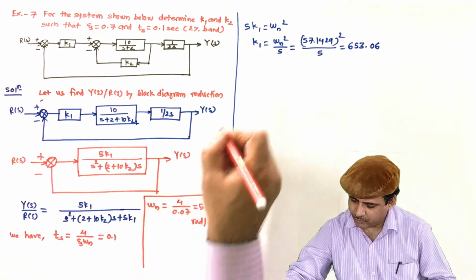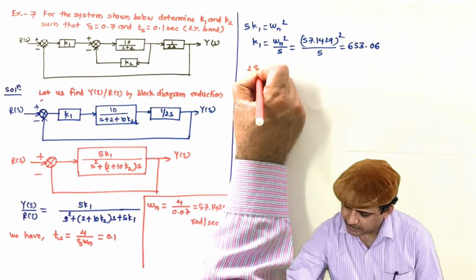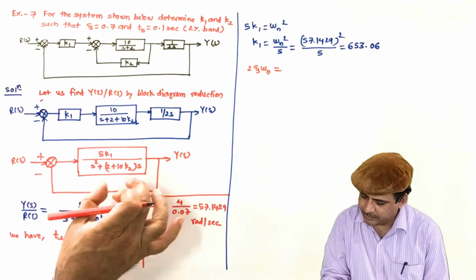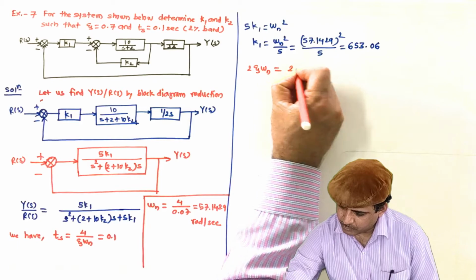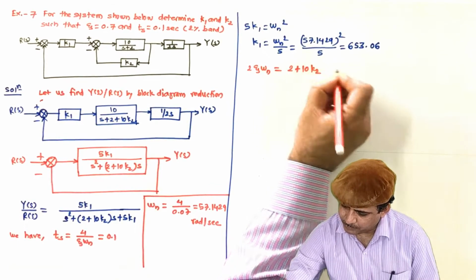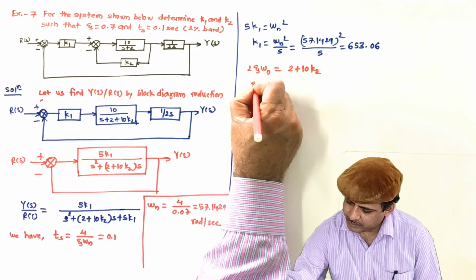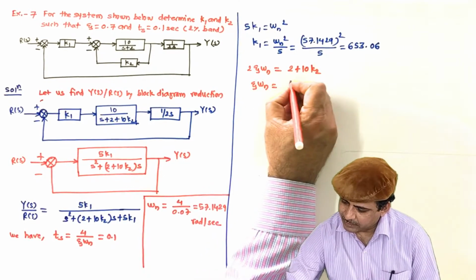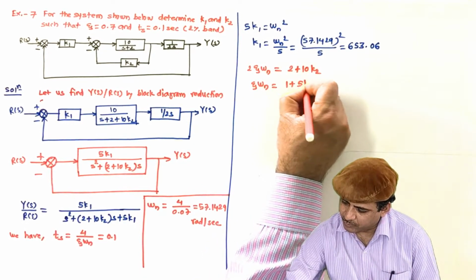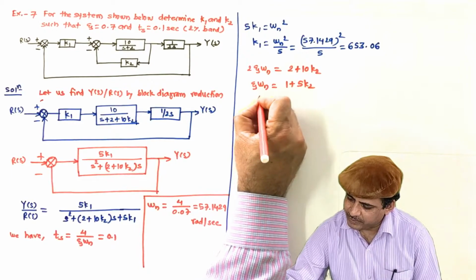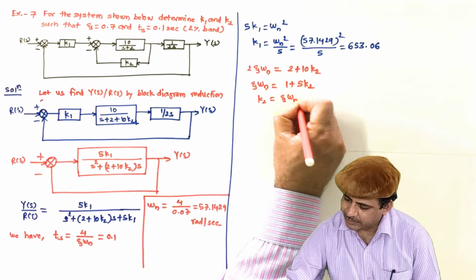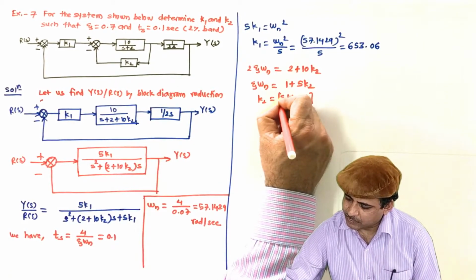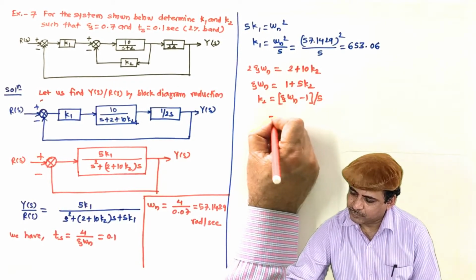Now also we have 2 zeta omega n, and this one is equal to 2 plus 10 K2. So zeta omega n is equal to 1 plus 5 K2, and that means K2 is equal to zeta omega n minus 1, whole divided by 5.